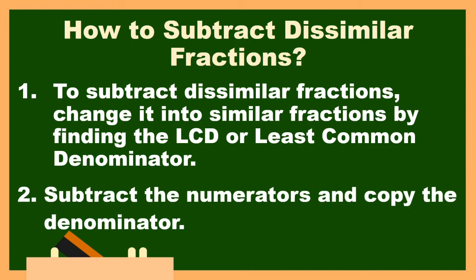Subtract the numerators and copy the denominator. So, ang unang gagawin ay i-change muna ang dissimilar fractions into similar fractions by finding the LCD. At pagkatapos, pwede na natin siyang i-subtract. Subtract ang numerators at kopyahin lang ang kanilang common denominator.